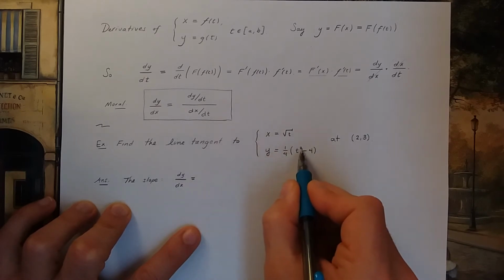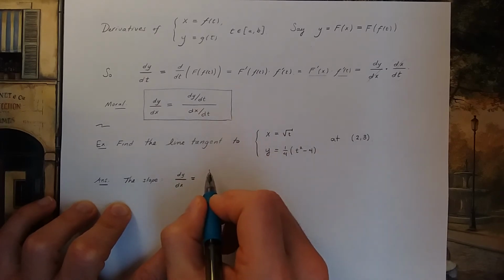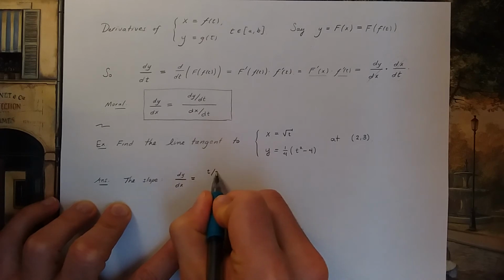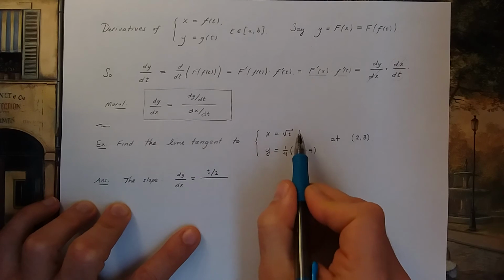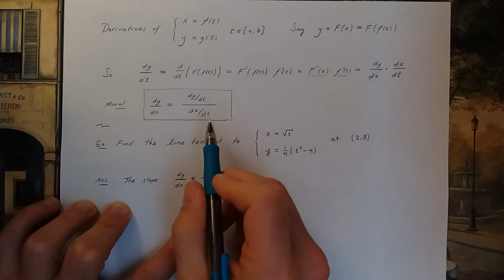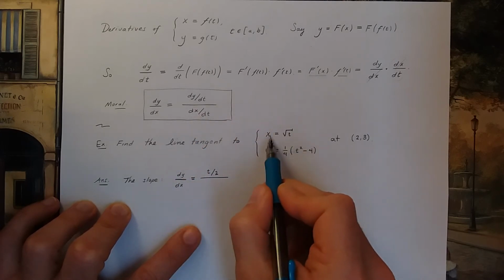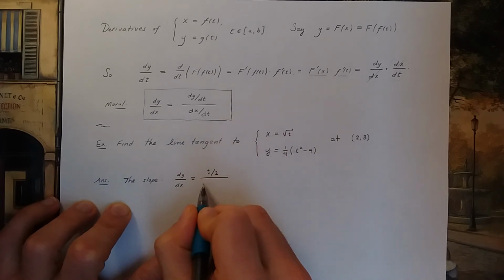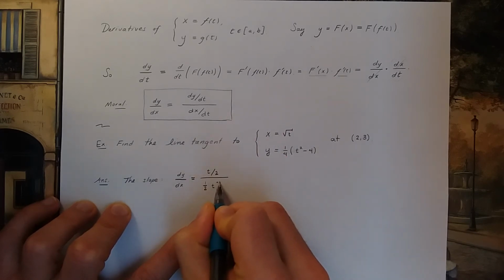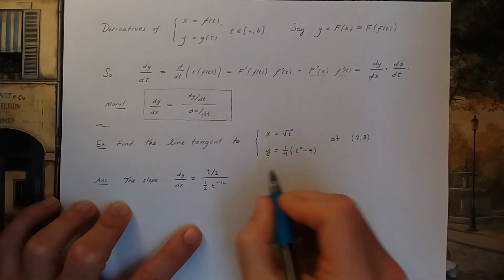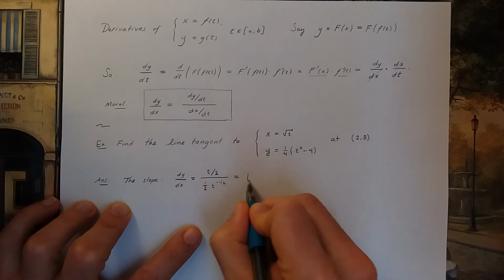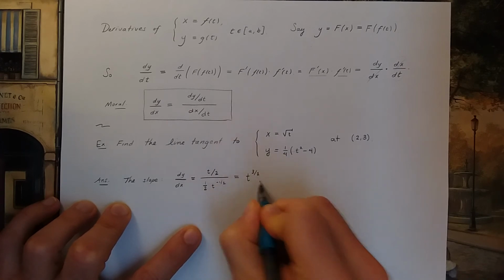So dy dt happens to be t over 2. And I'm going to divide that by dx dt. So the derivative of x with respect to t, I think that's going to be 1/2 t to the negative 1/2 power. So I think if you simplify this, you get t to the 3/2 power.